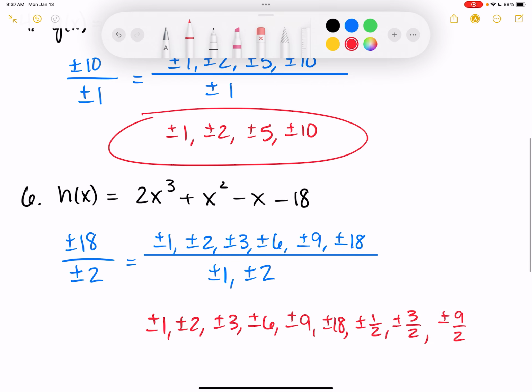And 18 over 2 reduces to 9, which I already have. So now on this one, 1, 2, 3, 4, 5, 6, 7, 8, 9. So there are 9 possibilities, but remember they're plus or minus, so there's actually 18 possible zeros here.